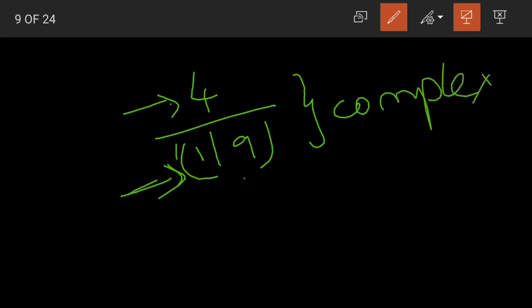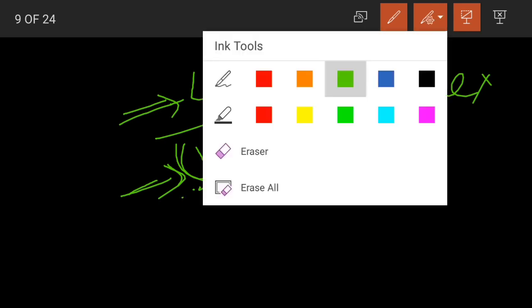Complex means something which is difficult to understand. We have a numerator, and the denominator has its own numerator and denominator here. The denominator is again a fraction. It is not a simple fraction, so this becomes our complex fraction.